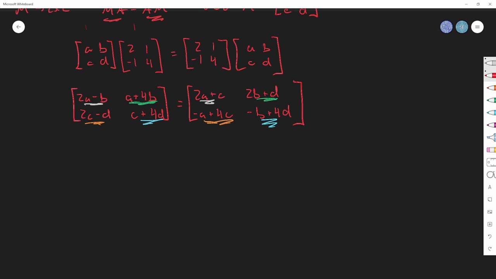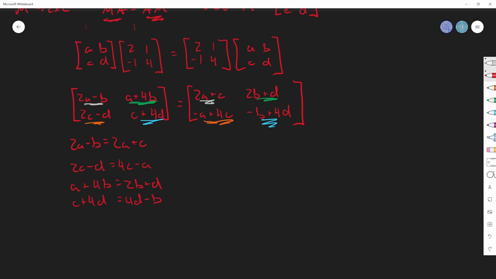So I'm going to put them into four equations: 2a minus b is equal to 2a plus c, then 2c minus d is equal to 4c minus a. Then we have a plus 4b is equal to 2b plus d. Then lastly, c plus 4d is equal to 4d minus b.